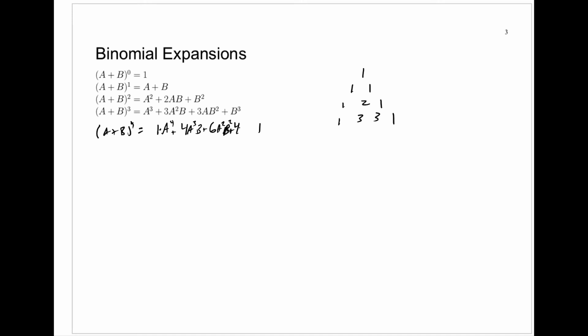Then you might have 1 A and 3 B's, 4 AB cubed. And then you have 1 times B to the 4th. And that turns out to be exactly right. And this pattern, I claim, continues. And that's an amazing thing. It's called the binomial theorem.